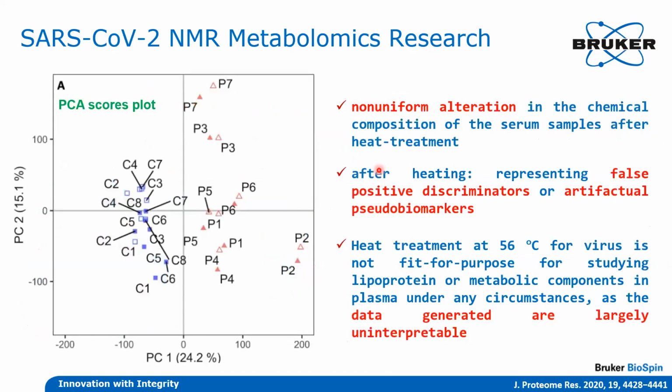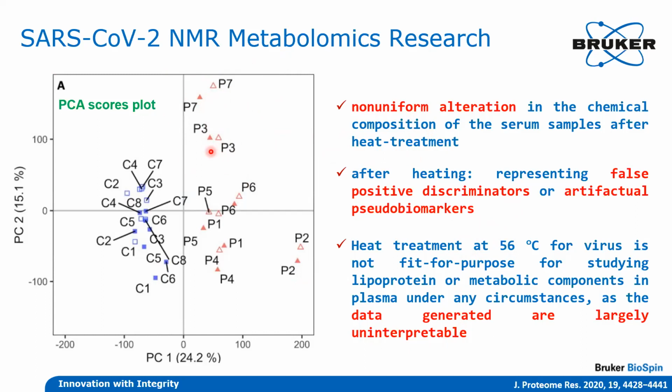Another reason why we do not need to apply the heat treatment in order to deactivate the sample is that when you perform the heating, most probably you will introduce unpredictable results. As you can see from this PCA score plot of the serum sample, heat treatment of the sample will introduce non-uniform alterations in the chemical composition.